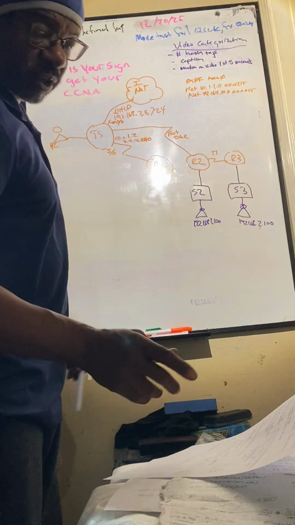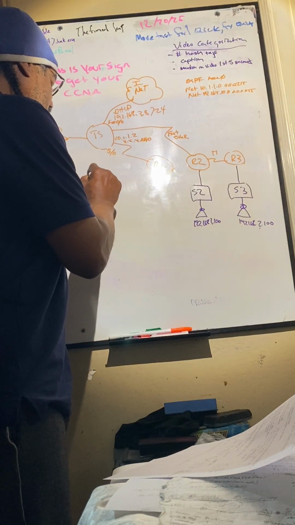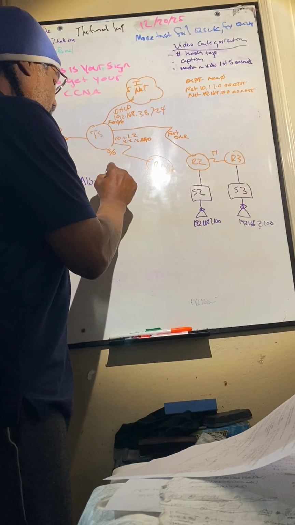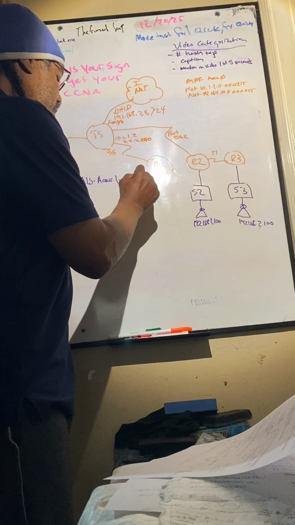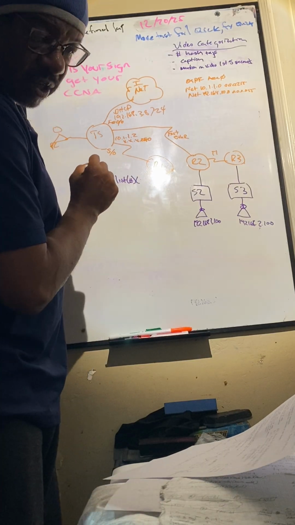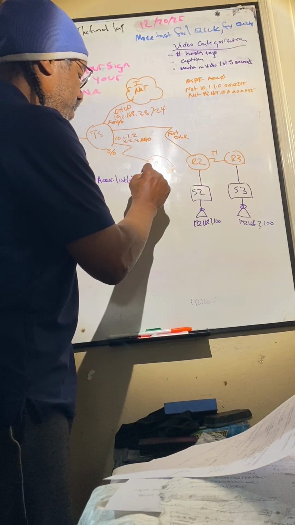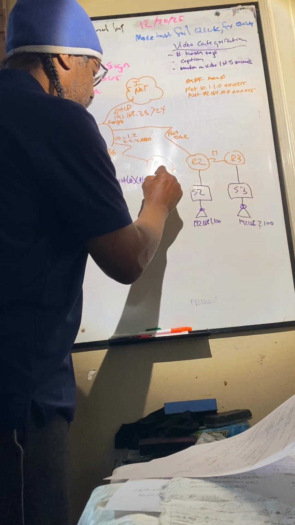On this particular one, we're going to be using the access list standard, so ALS. So we're talking about access-list, the number of the list, permit or deny, and source address.